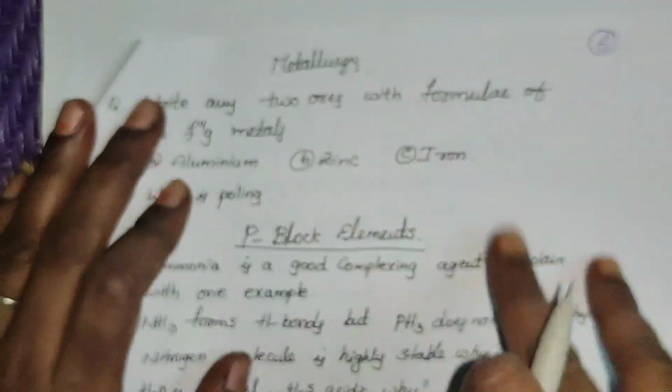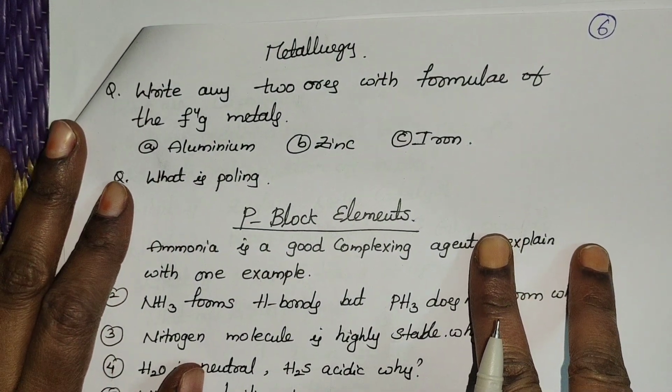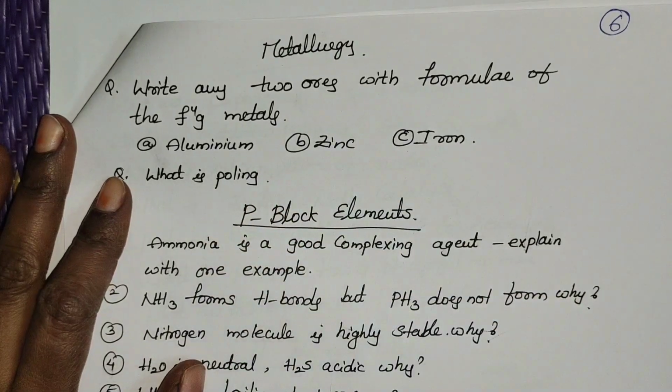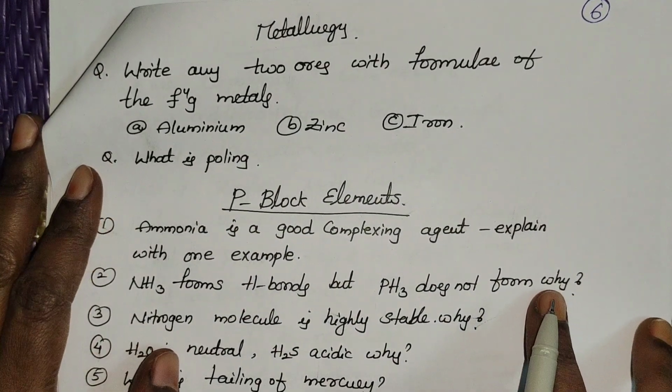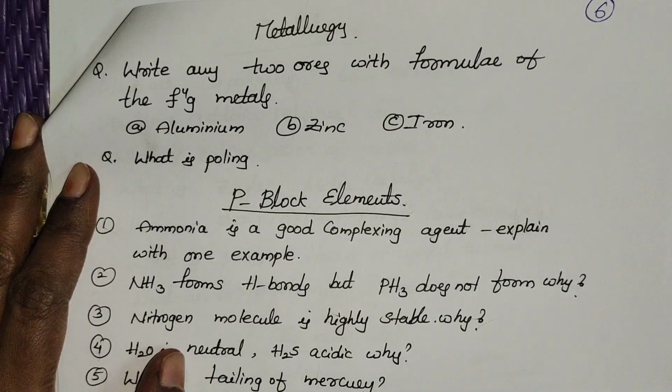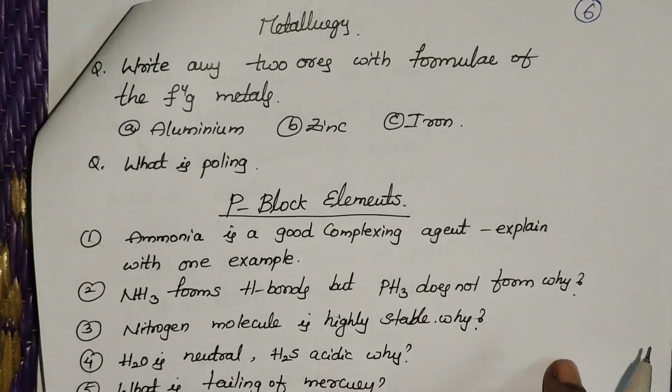Next, from metallurgy, write any two ores with formulas. Especially you have to learn aluminum, zinc and iron: aluminum ores like bauxite, zinc ores like zincite, zinc blende, iron ores like magnetite, hematite. Those formulas you have to learn.